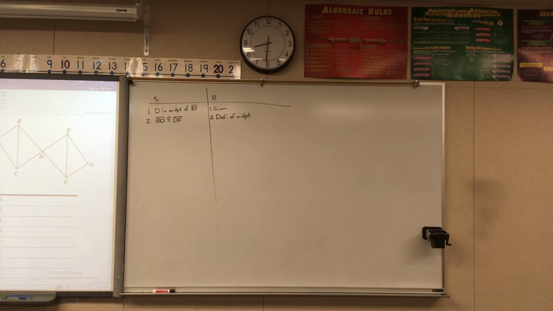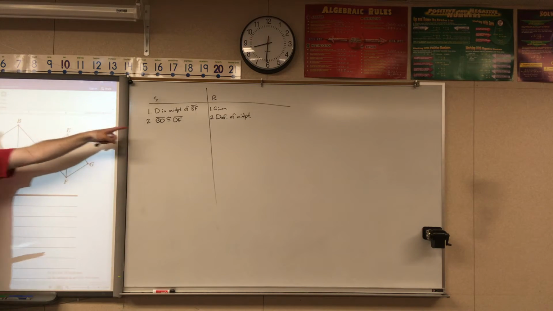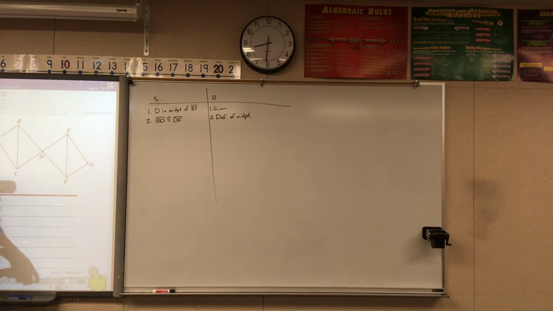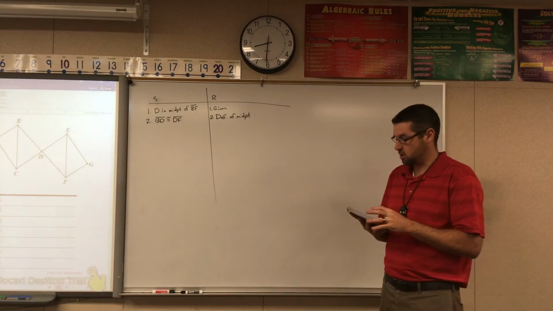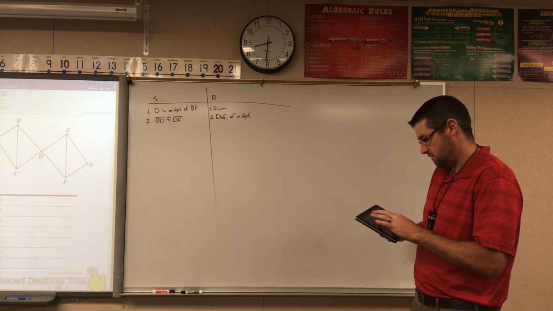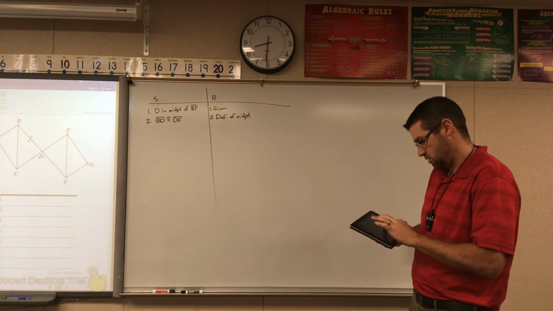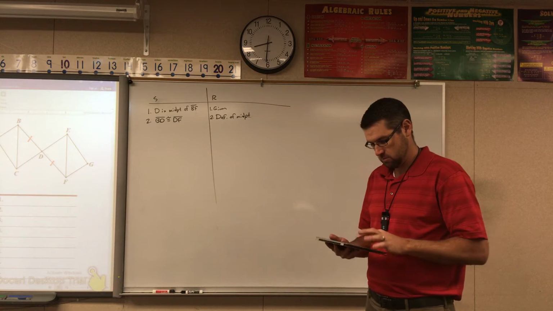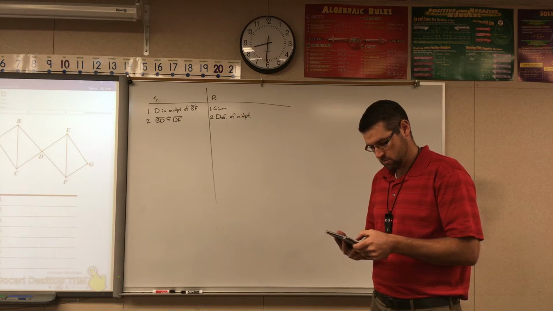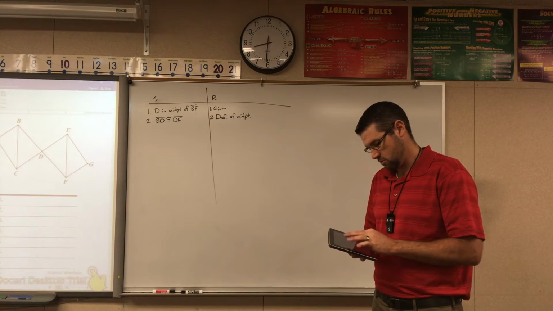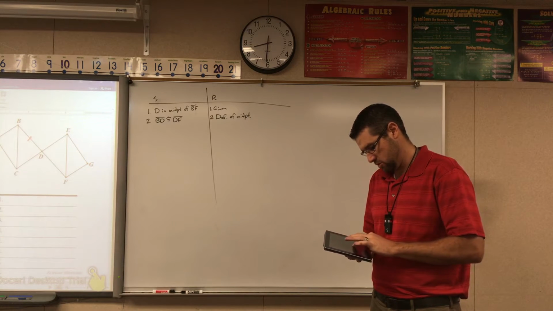What do we do with this? Mark it in the picture. Okay, so we're going to mark BD congruent to DF. So we're going to mark that. It's congruent to that, right? Okay, so we're going to mark that is congruent to that.